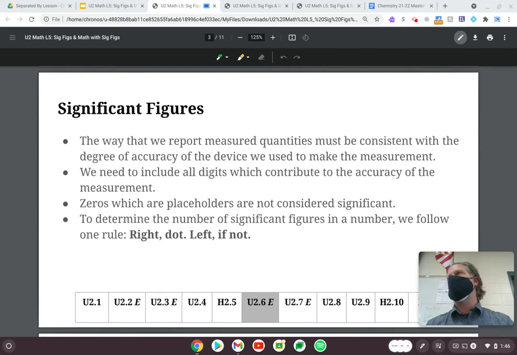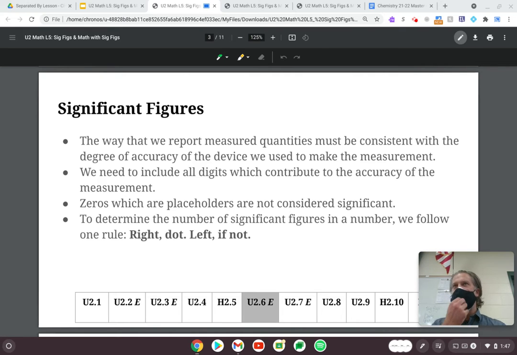And so that always makes it a little bit dry and boring, but I just think it's super fascinating. I get really excited about it. So we need to understand what significant figures actually are. Now, significant figures are the number of digits that the measuring device can allow you to record.